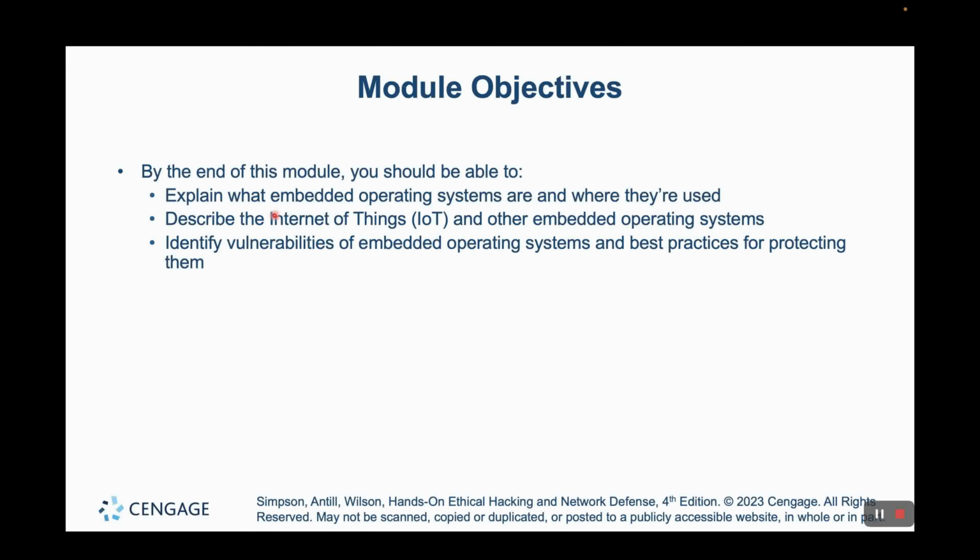First of all, let's try to understand what an embedded system is. An embedded system is basically a very small computer system that is not a general purpose PC or server. You can find it in different sizes, and it's designed to perform a specific task within a larger mechanical or electronic system.